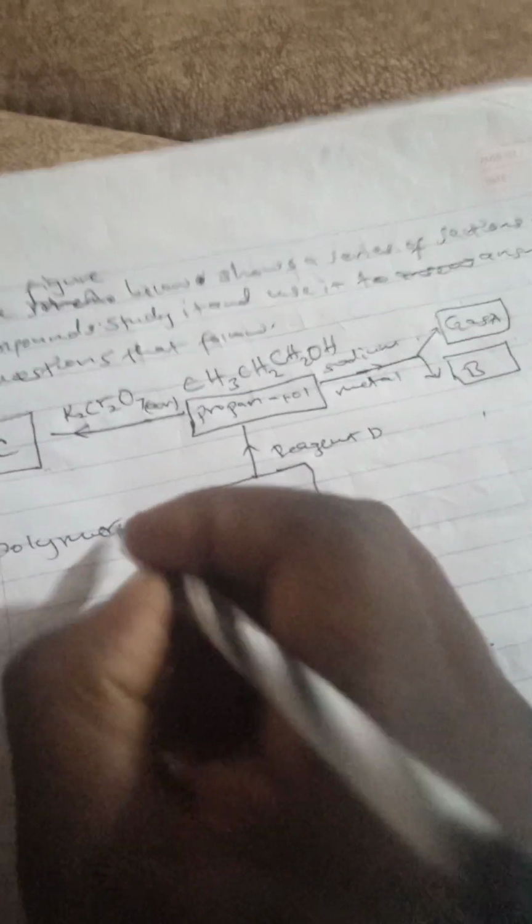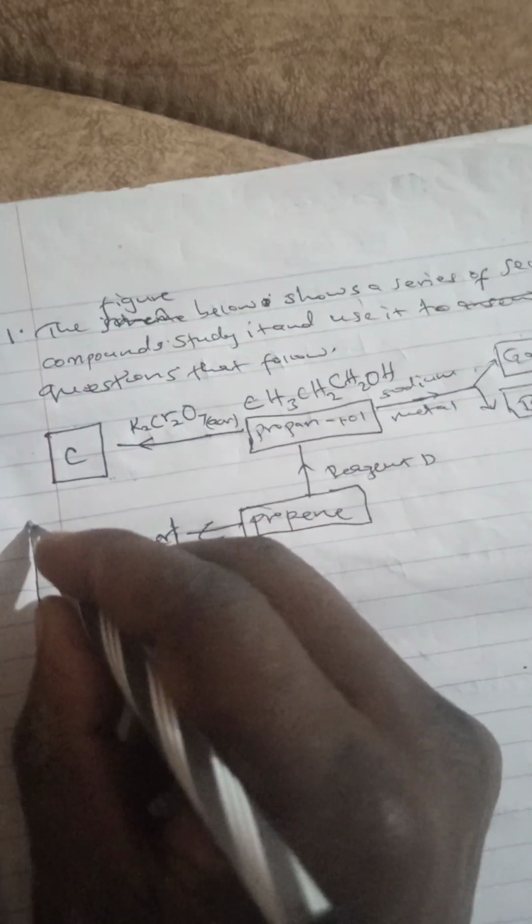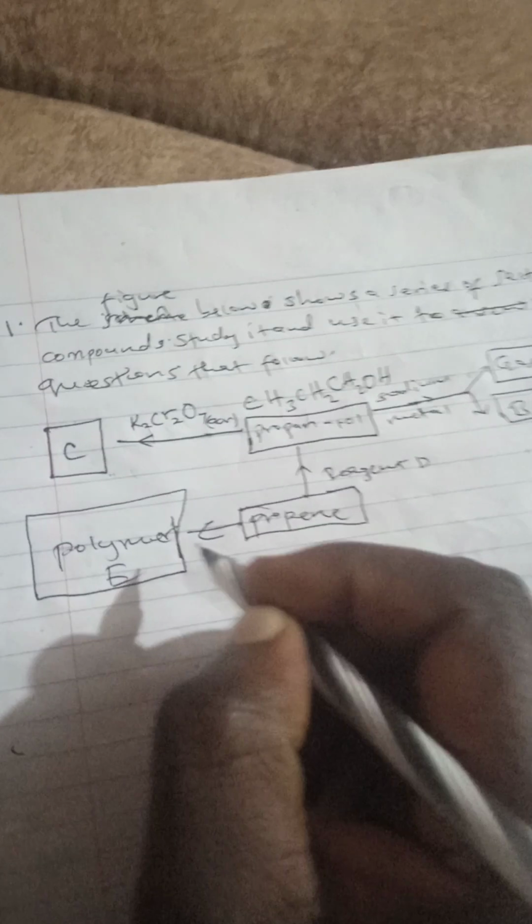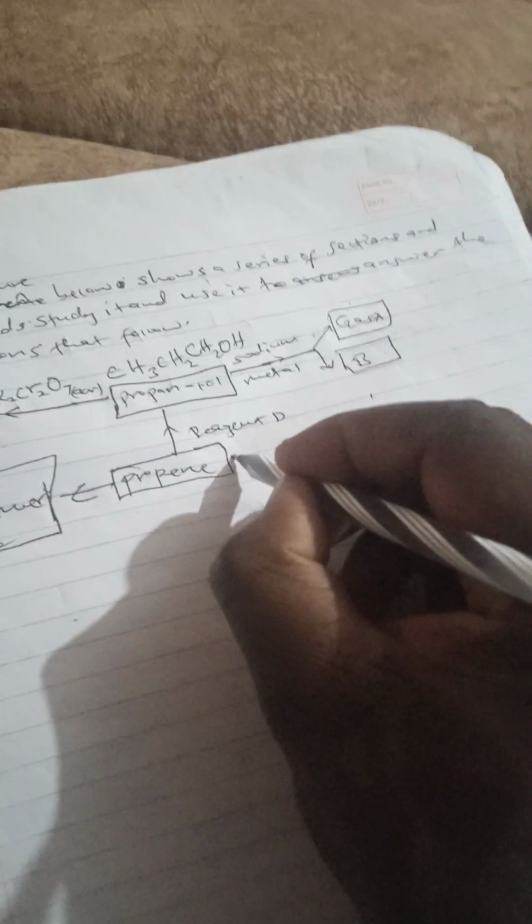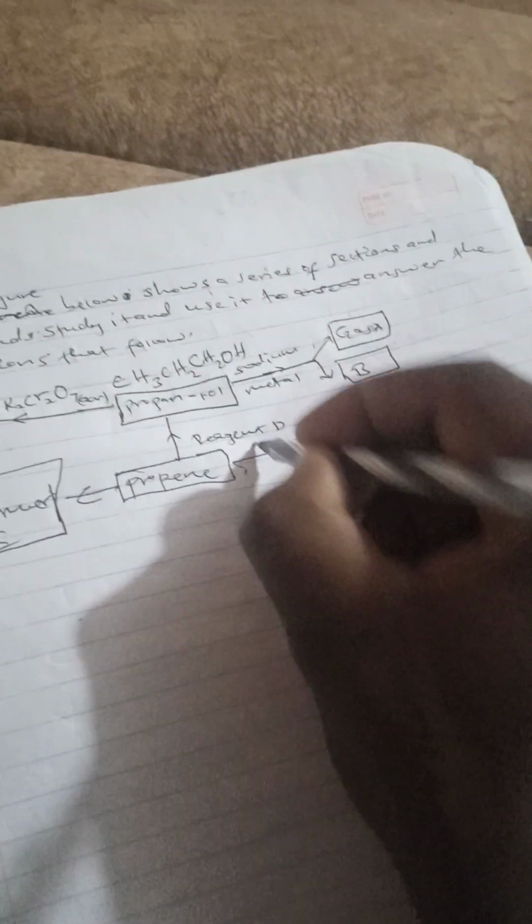There is what we call polymer E. After that polymer E, there's something here in between, what we call bromine gas, and there is something known as F there.